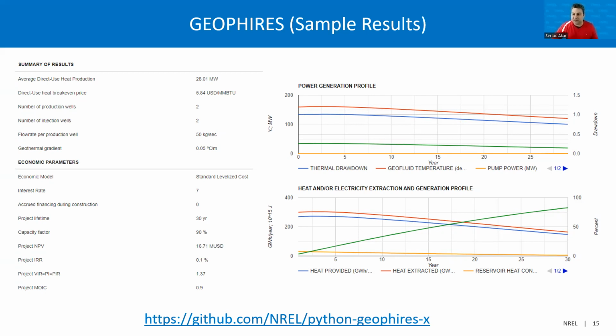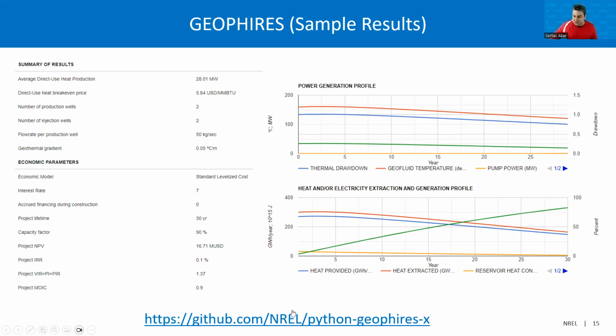Those kind of technical parameters can be plotted. In addition to that, the annual generation can be plotted with respect to the project timeline. What's the heat extracted from the reservoir? What's the pressure drop in the reservoir? Those kind of technical parameters can be modeled with GEOPHIRES.